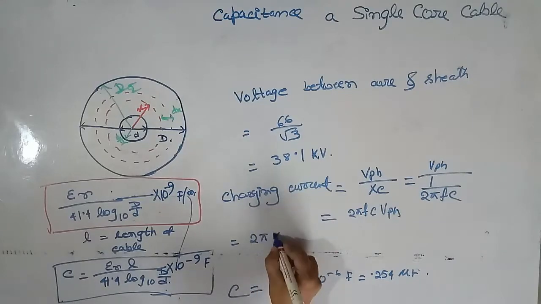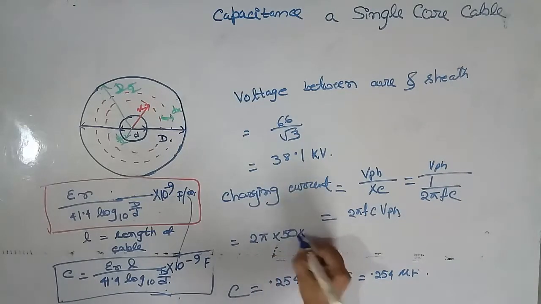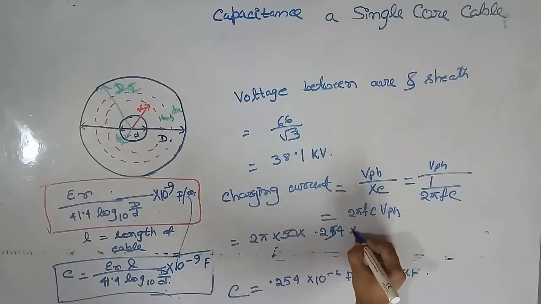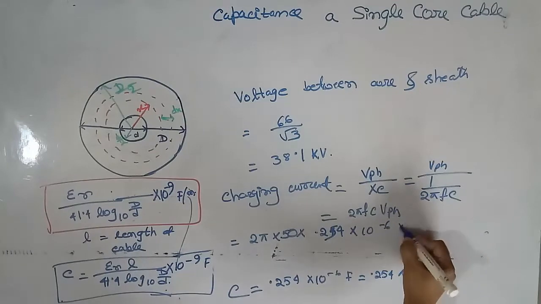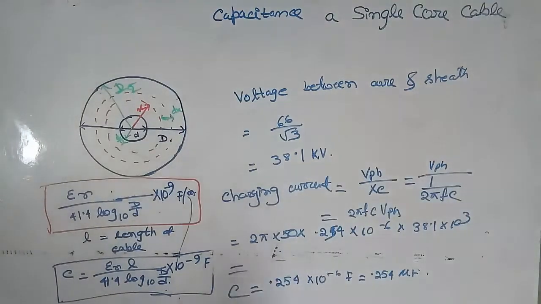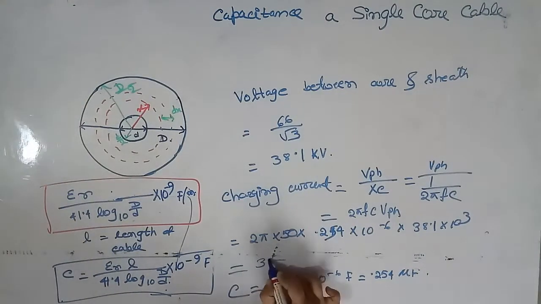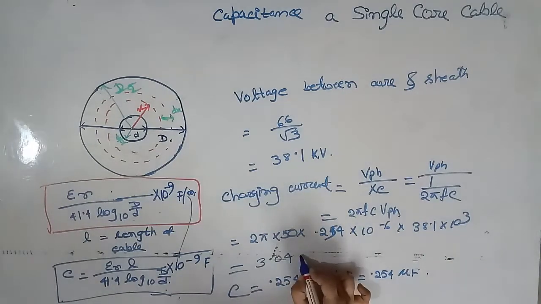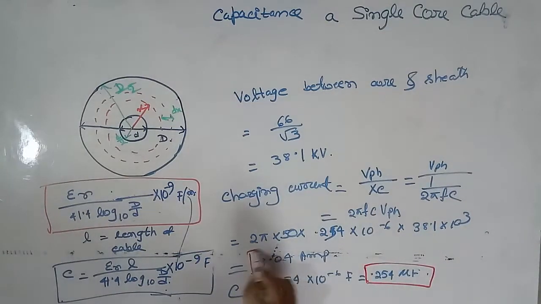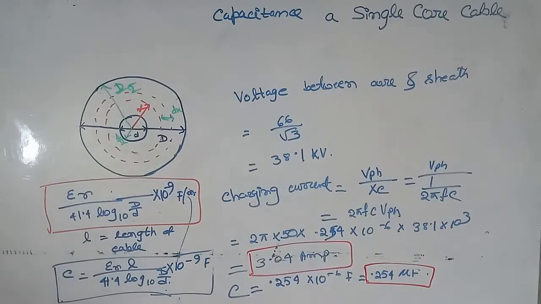So this is equal to 2 pi, F is given 50 Hz, into C 0.254 into 10 to the power minus 6, and V phase is 38.1 into 10 cube. So what is the value of charging current? Charging current is equal to 3.04 ampere. So capacitance is equal to 0.254 microfarad, and this is the value of charging current.